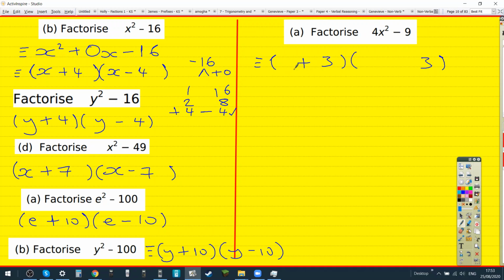What times what makes 4x? So 4x and x? It has to be the same thing times itself, though. Oh, so 2x? Yes, 2x and 2x, so that you end up with 0 in the middle. Well done. Any questions about those? No.